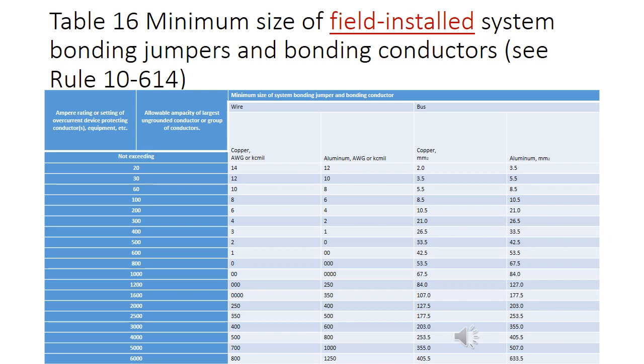So you do not use Table 41 in this case. You use Table 16. A little later, we will be discussing the size of a bonding conductor relating to a transformer.